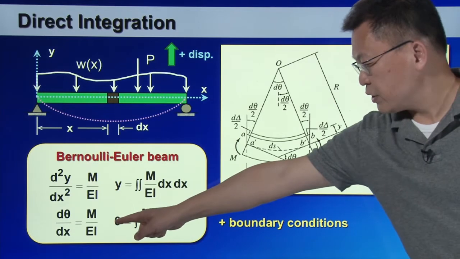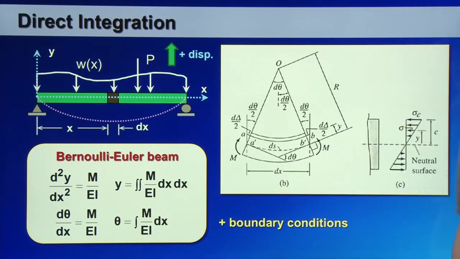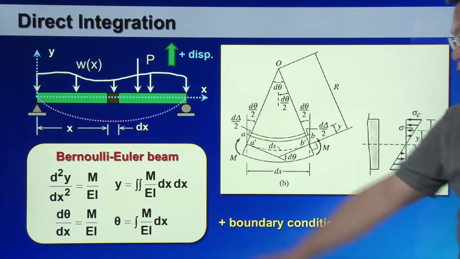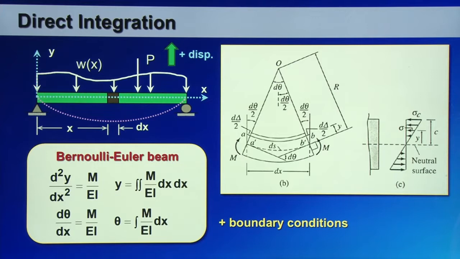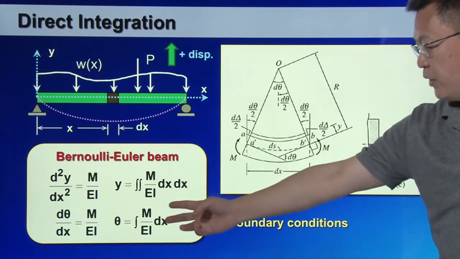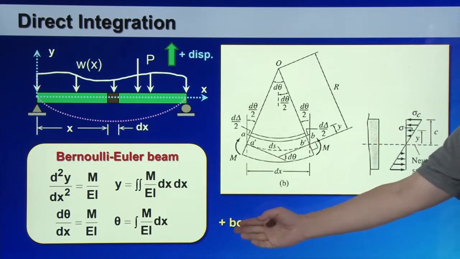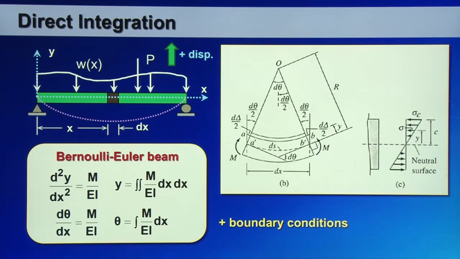Based on that equation, if you want to find the rotation angle, all you need to do is one integration of M over EI, then you get the rotation angle. Of course, the integration needs to be coupled with the boundary conditions. With the proper boundary conditions, you can obtain displacement and rotation angle for the structures.